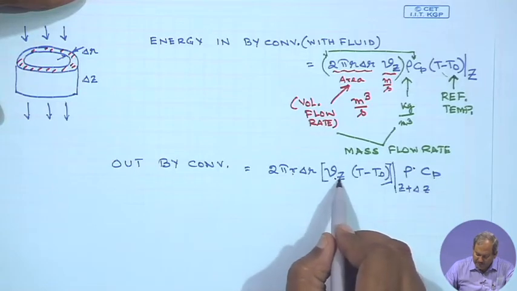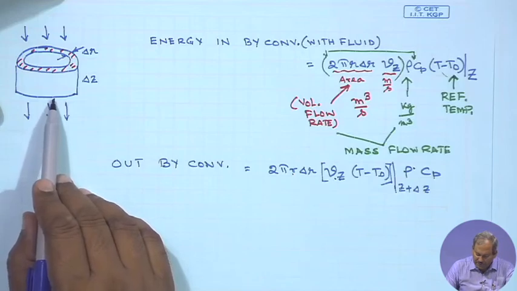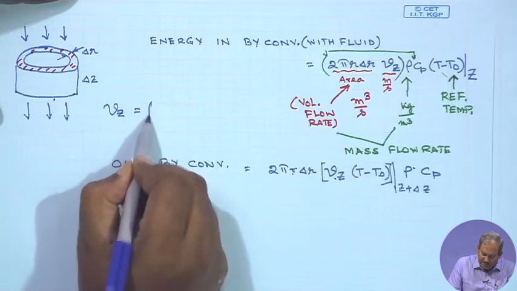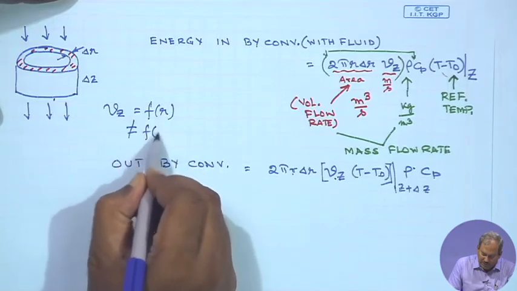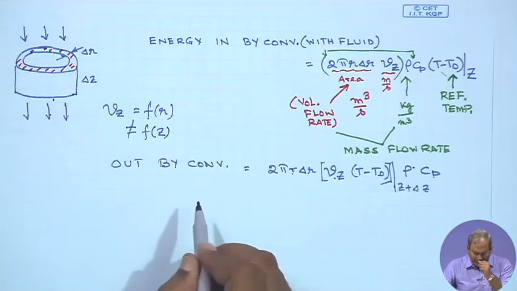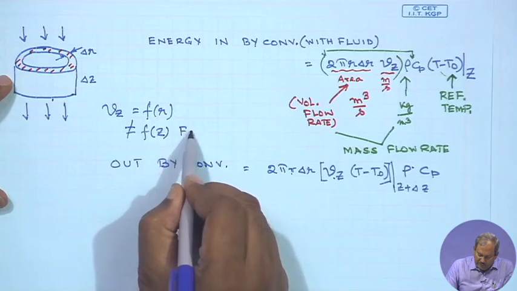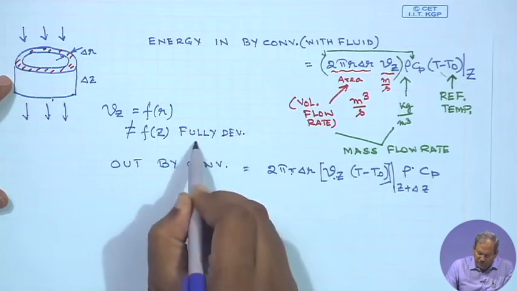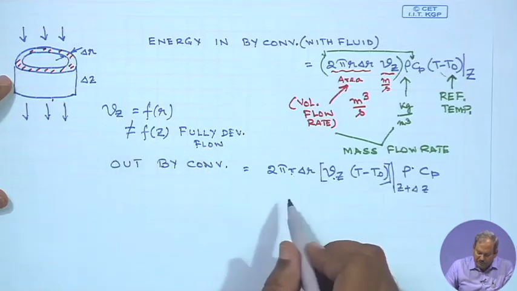This Vz, the velocity, is also evaluated at this point, but from our study of fluid mechanics we understand that Vz is a function of r only and Vz is not a function of Z. So, Vz is not a function of Z for fully developed flow, which we have assumed in order to obtain our expression for the velocity profile.